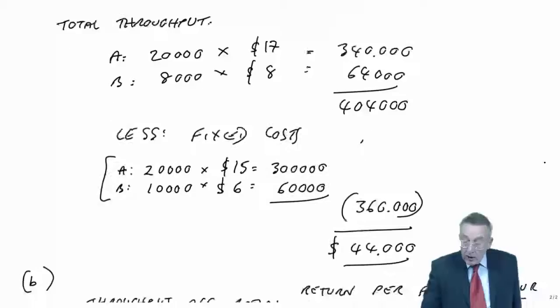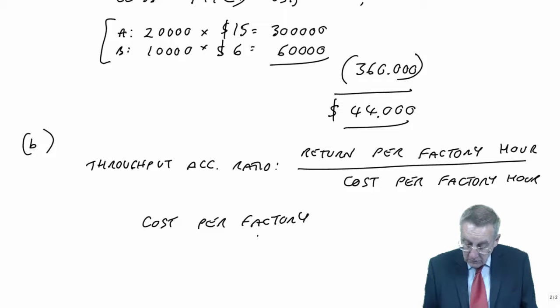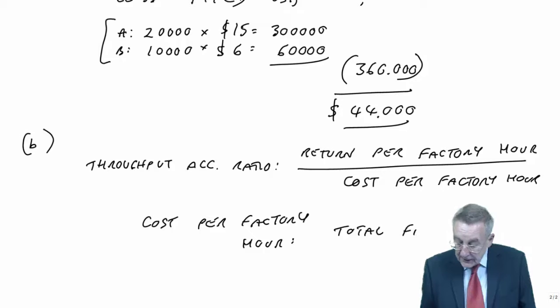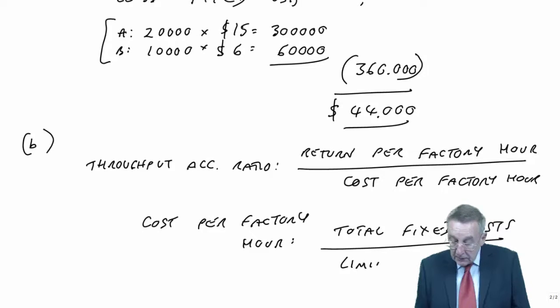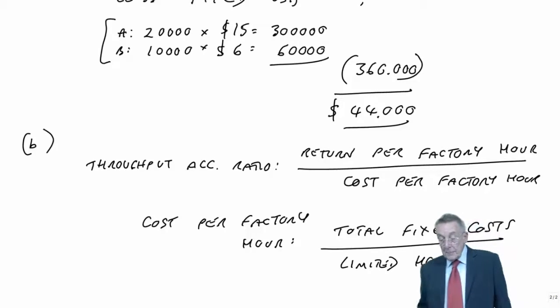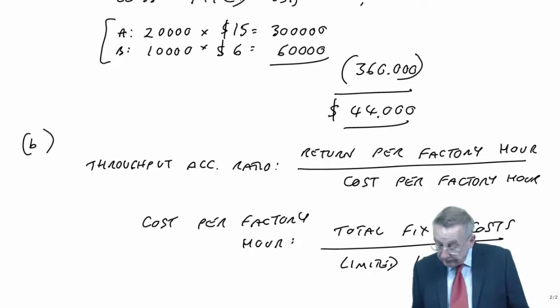What we mean by the cost per factory hour, before I actually calculate the numbers, is the total fixed costs divided by the limited hours available. So let's put the numbers to it for this one.